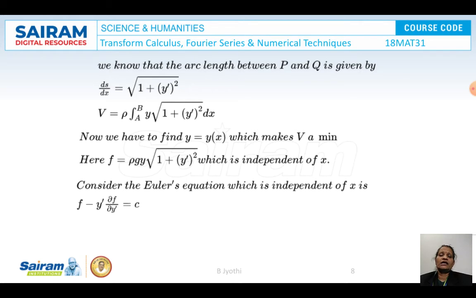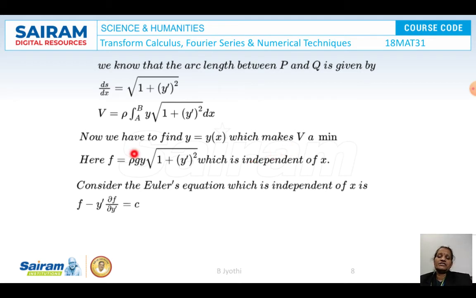Now we know the arc length between A and B is given by ds by dx equals root of 1 plus y dash square. That is, we will substitute in the integral: y into the integral of root of 1 plus y dash square dx. Now we have to find y equals y of x, which makes V the minimum.